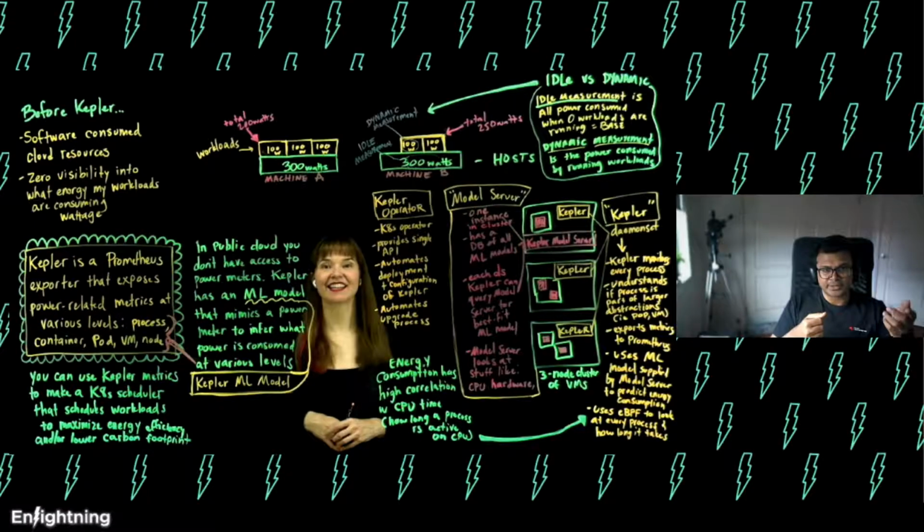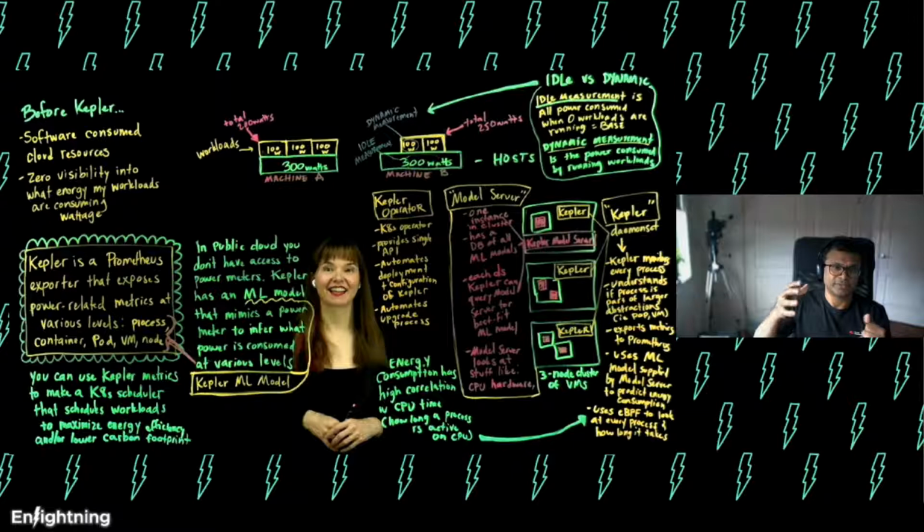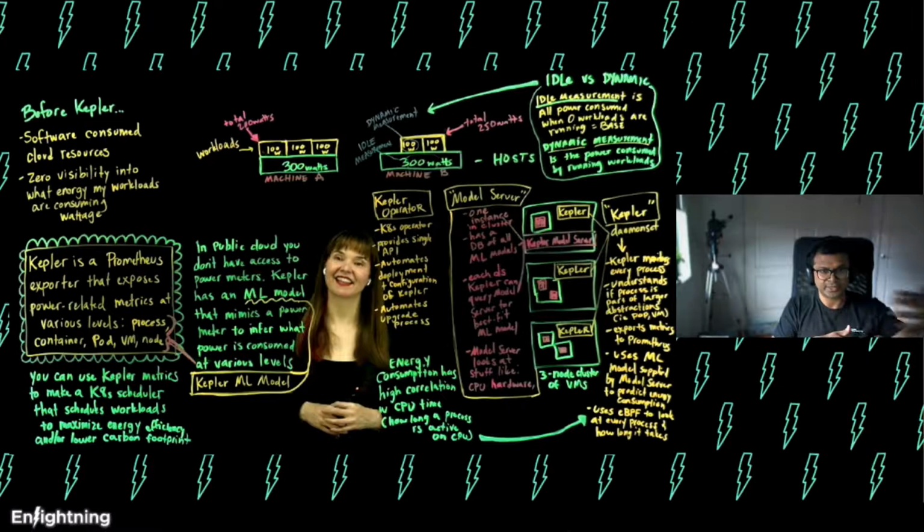So the operator understands that on OpenShift there is monitoring, and it deploys dashboards where the users get to actually see the power consumed per namespace, per pod, per node, and what CPU architecture Kepler detected, and all that. So that's something that the operator already provides as part of its UX.